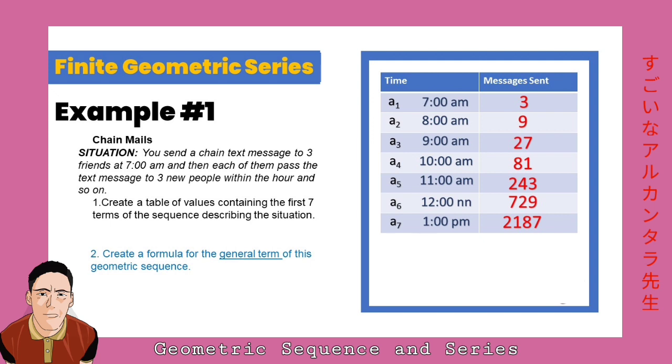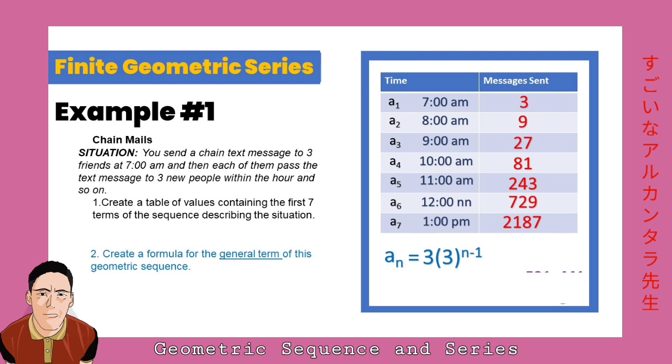So the first term right here is 3, and the common ratio is 3. So all you have to do is substitute that to the formula for geometric sequence. Okay, that's how you write the general term formula. So the a sub 1 will be 3, and the ratio will be 3. It's for this example. It's not always 3 all the time, okay? Please take note of that.